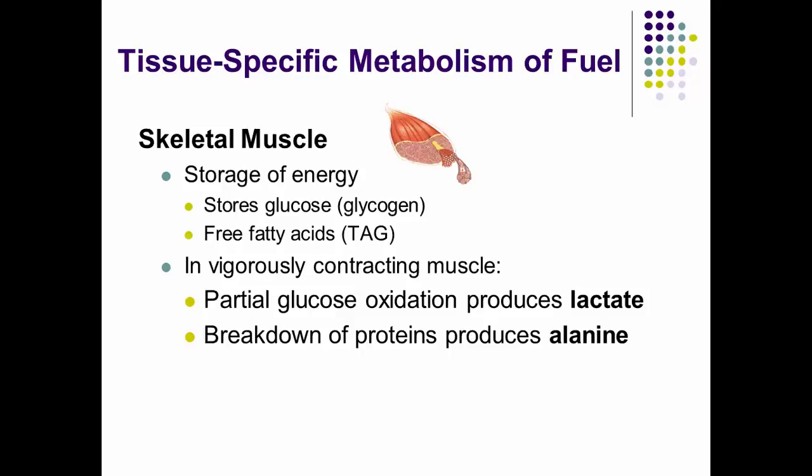So just keep in mind that glucose can be partially oxidized and protein can also be broken down during exercise. We're going to talk specifically about fuel utilization during exercise later. Here, we just touch on it a little bit.